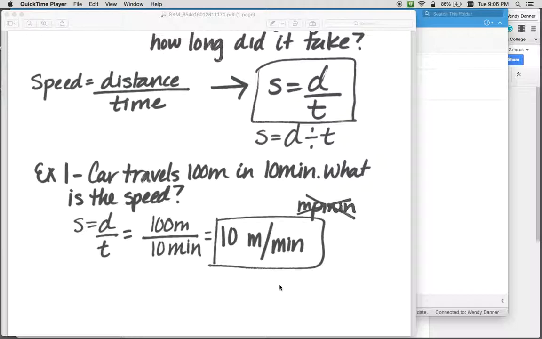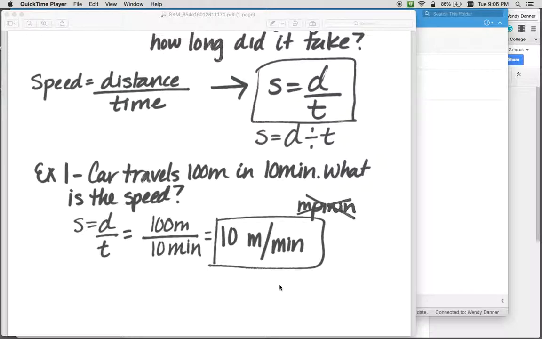And for the distance, the difference is going to be 40. That's where I ended, subtracted from where I started, which is 0. So my distance that I've traveled is 40. Seems a little easier for this one. So then you would do it the exact same way that we just did. So distance divided by time, 40 divided by 4, you get your answer and you move on.